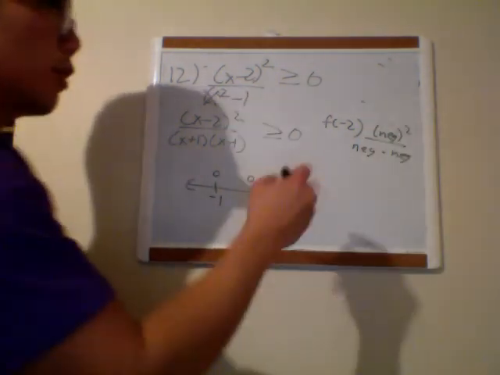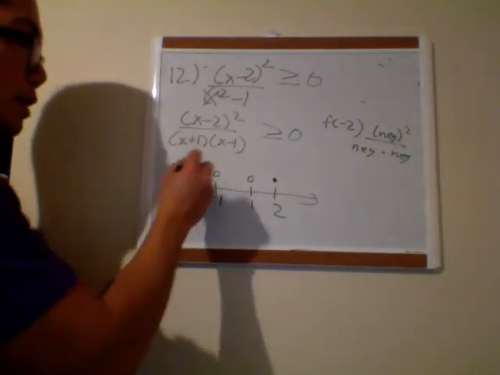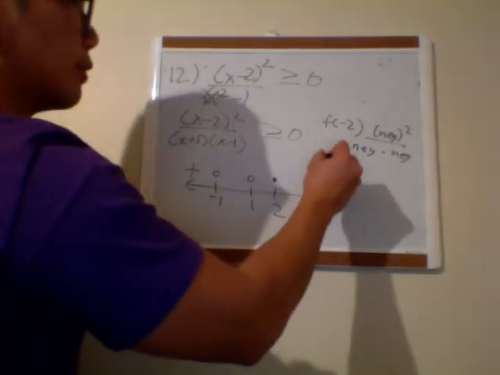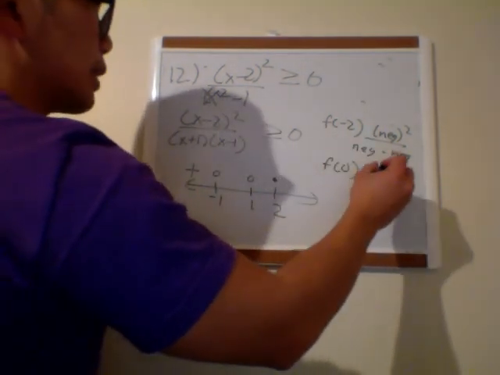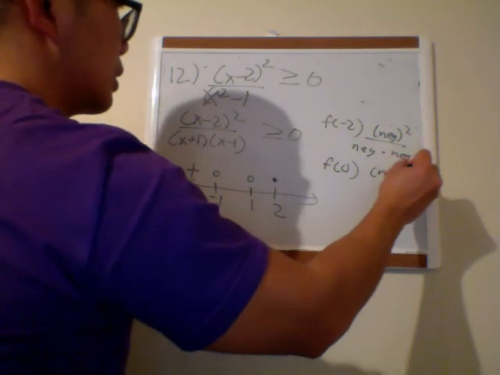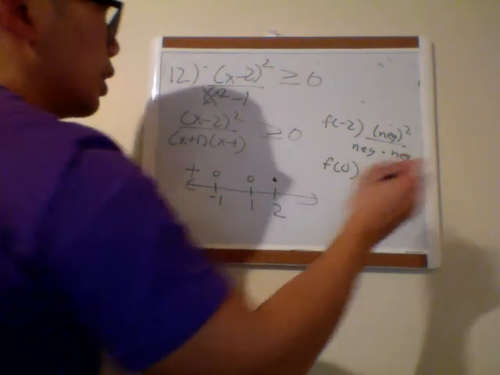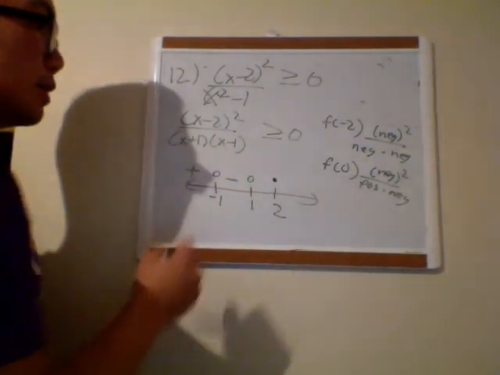So that's positive over positive, so this is positive. If I pick a number like 0, f of 0 will become negative squared. This will be positive times a negative. So overall, this will be negative.